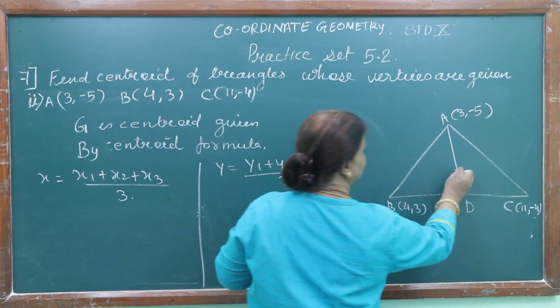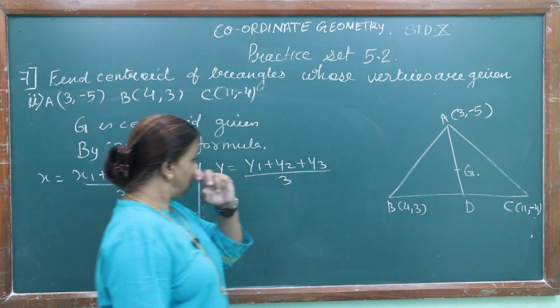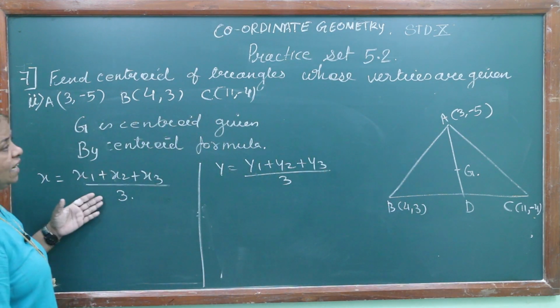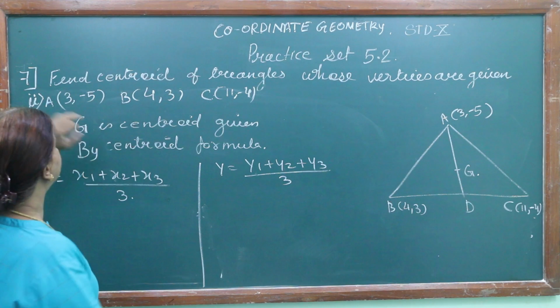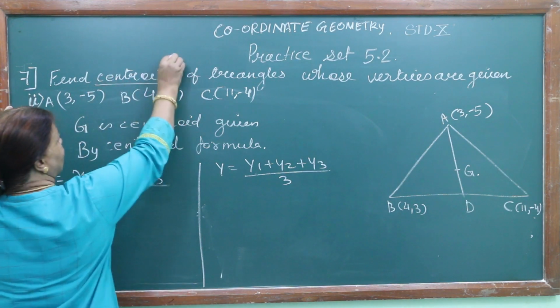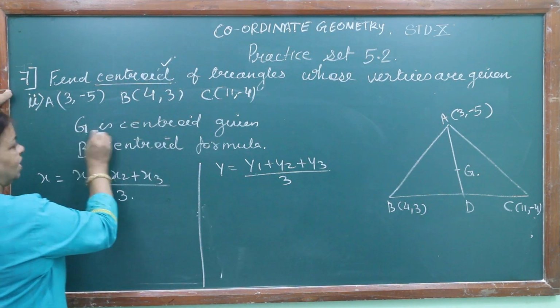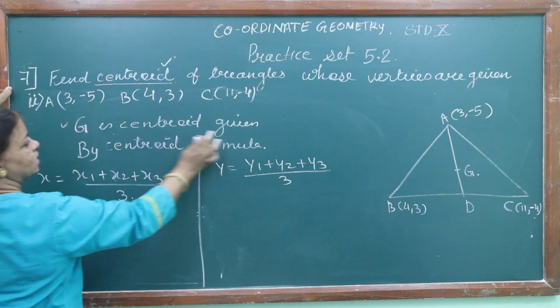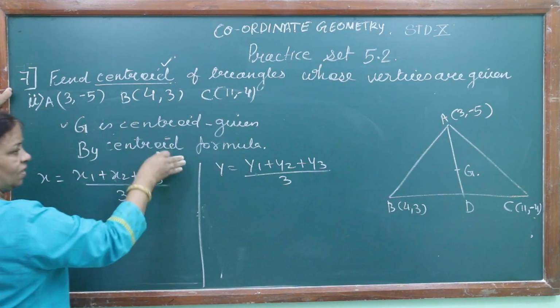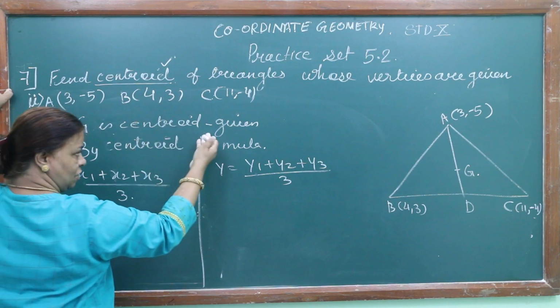And we need to find out the coordinates of the centroid. If you are asked to find the centroid, definitely let us say G is the centroid, and you need to find out its coordinates.